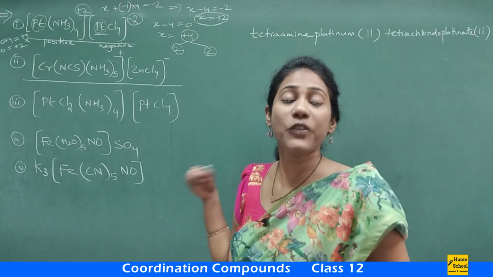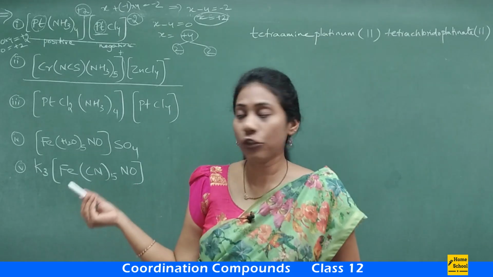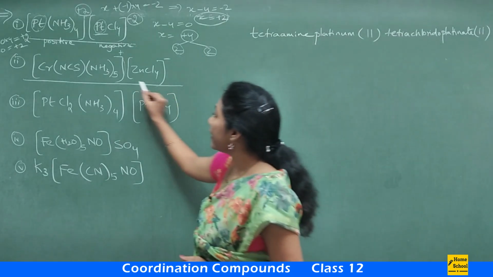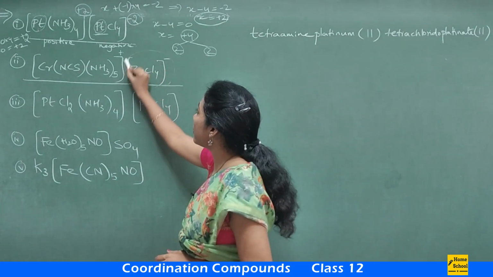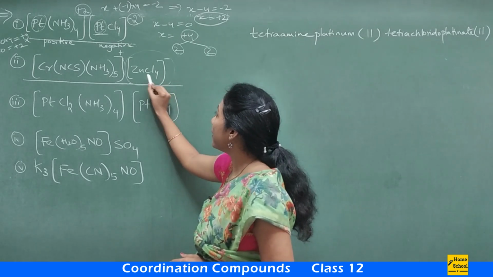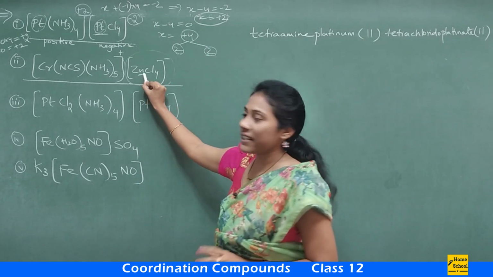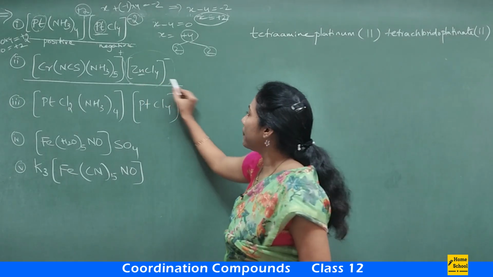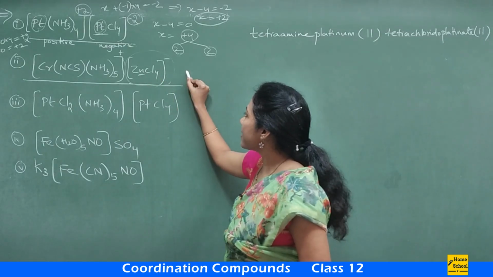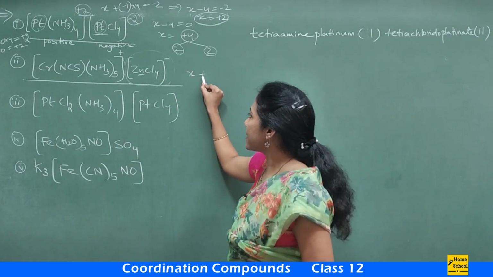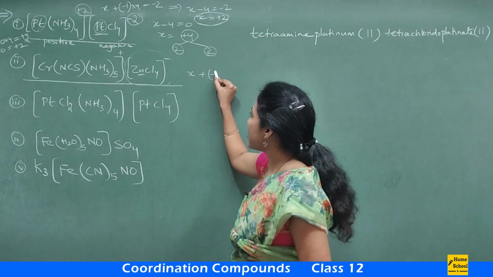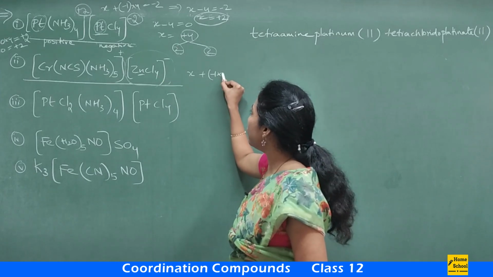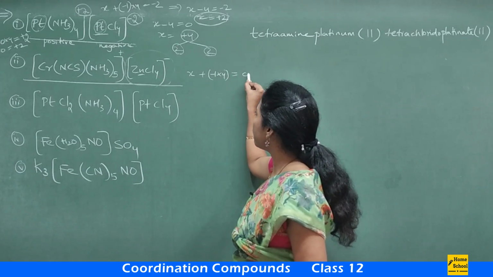That is why we are using this trick initially. So what is our trick? Use the second part of the complex, that is the negative part. Find out zinc's oxidation state temporarily in the normal pattern. Let me consider zinc's oxidation state as X plus Cl's oxidation state, minus 1 into 4. Initially I am equating for 0.